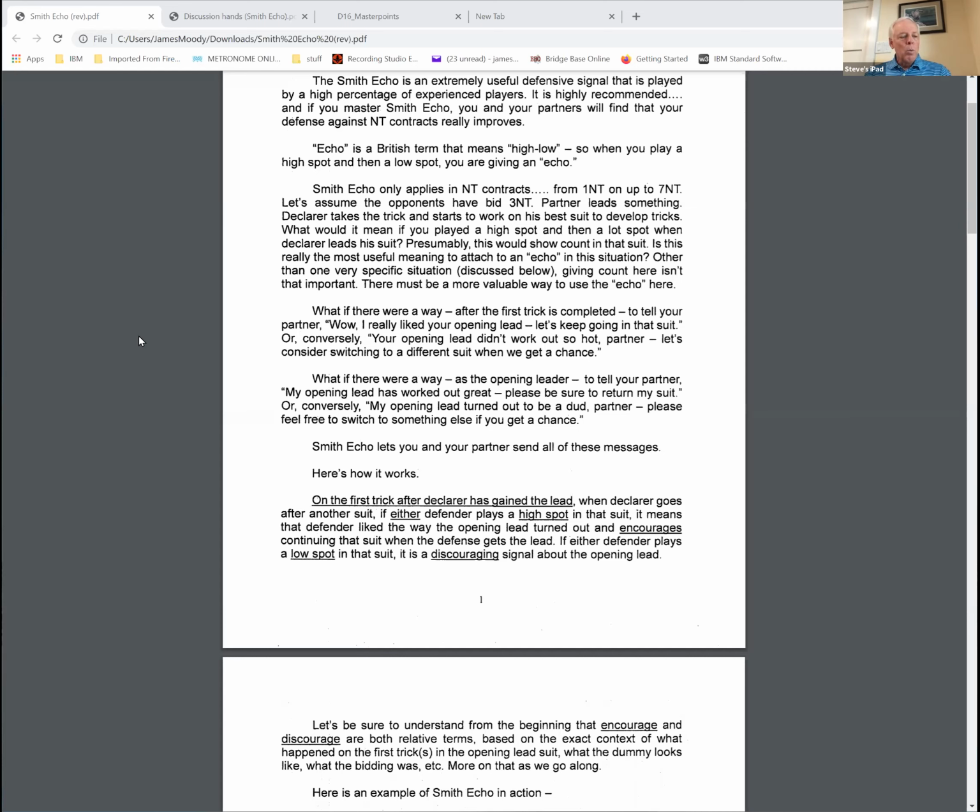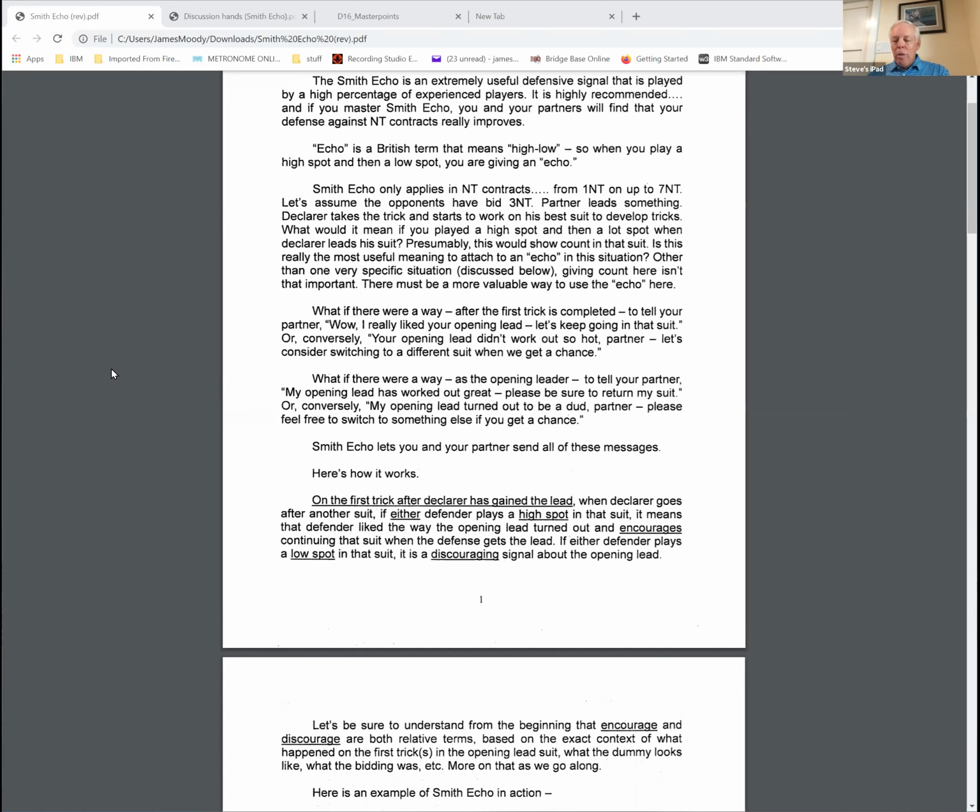And he said, well, a 7 is a high card. Well, it's not if you can see the 2, the 3, the 4, the 5, and the 6. Then the 7's a low card. By the same token, a 3 can be a high card if what partner has is 3-deuce and you can't see the deuce. So you've got to really look at the spots and analyze them to see what message partner is sending.